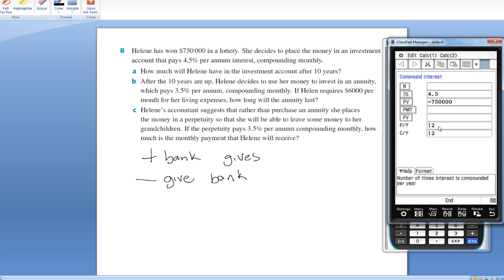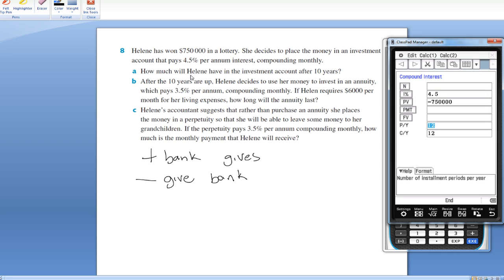Now I'll explain why generally speaking it's the same number, but certainly the number of times interest is compounded per year is 12, and usually that's the number of payment installments. So generally we keep that consistent with the number of compounding periods.